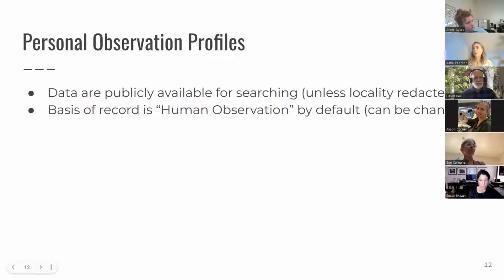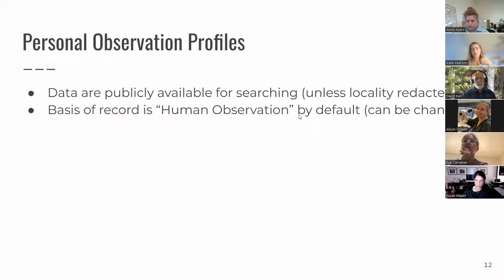And then another important note is that when you're entering data in these personal observation profiles, the basis of record, which is a specific field that indicates whether it's a specimen or an observation, is by default set to human observation. That's just because it doesn't represent necessarily an accessioned specimen that is in a collection at that time.